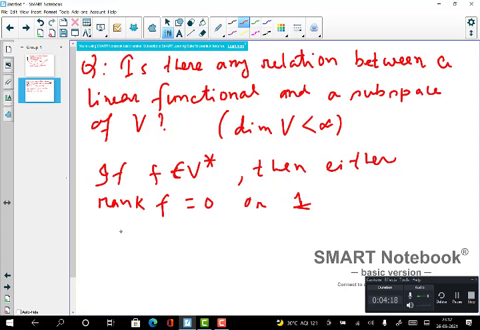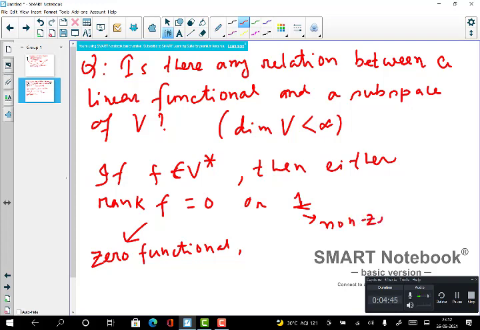So 0 means what? 0 means that this functional sends every element of V to 0, right? So this is the 0 functional that I already discussed. And 1 is coming for any non-zero functional.